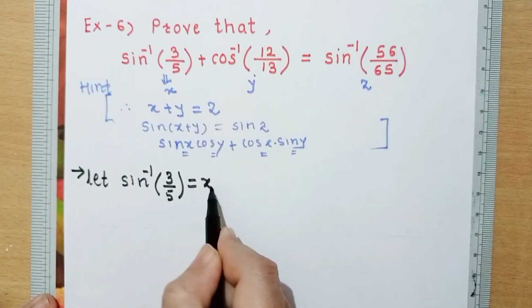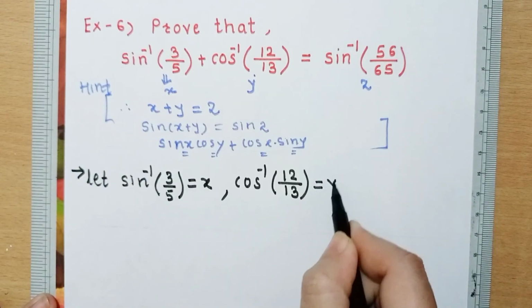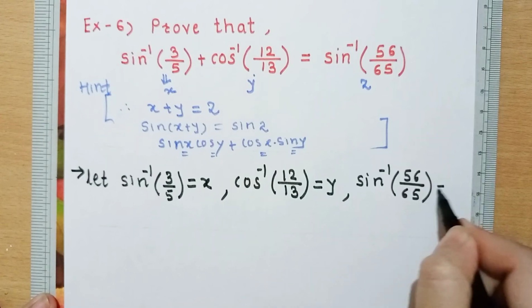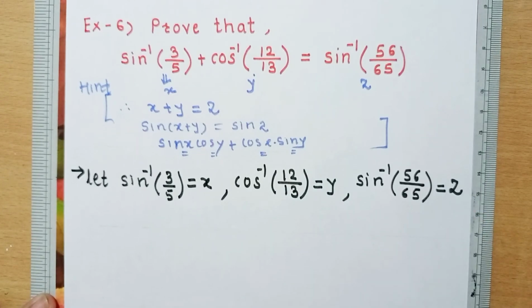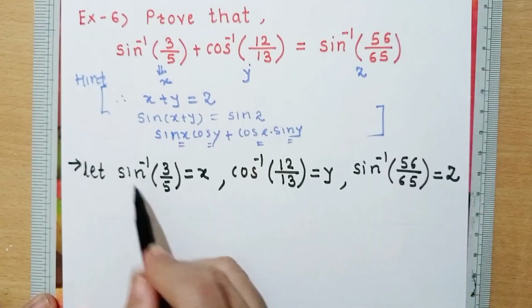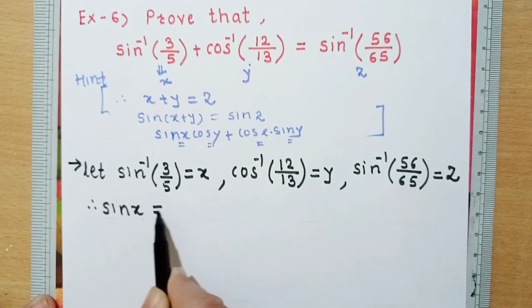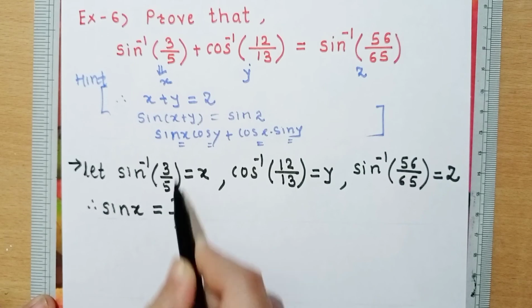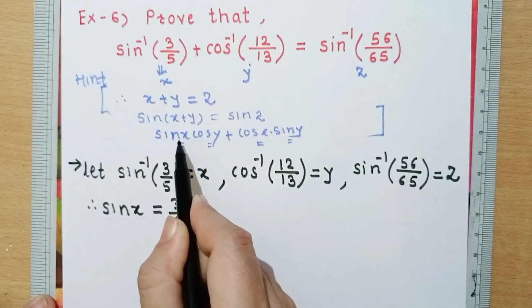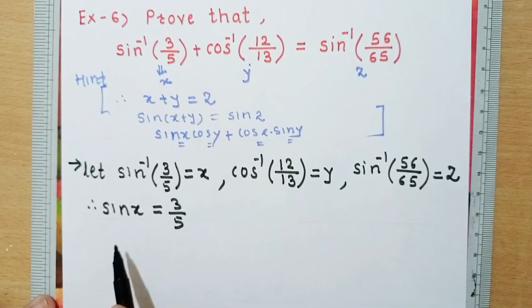This is equal to x, this is y and this is z. If we move sine here, so we have sine of x equal to 3 upon 5. So we have got sin x. Now from sin x we will find out cos x.